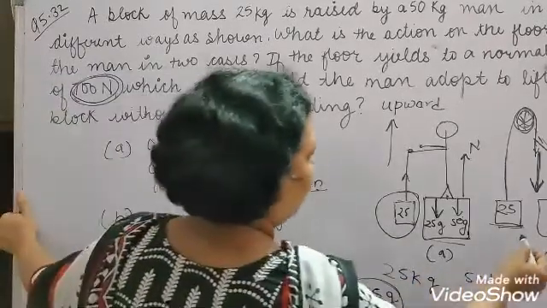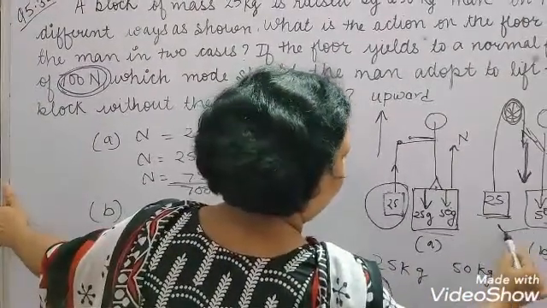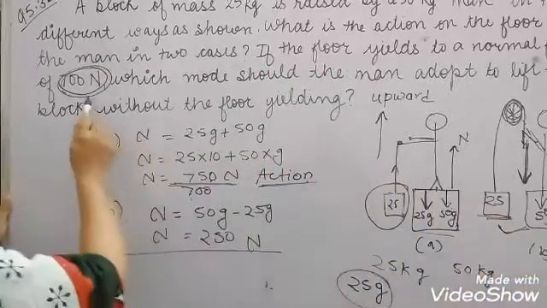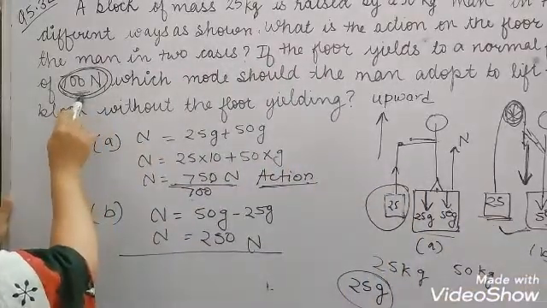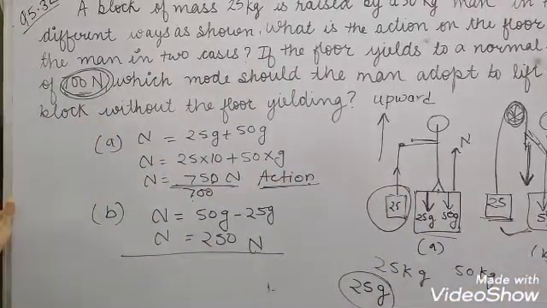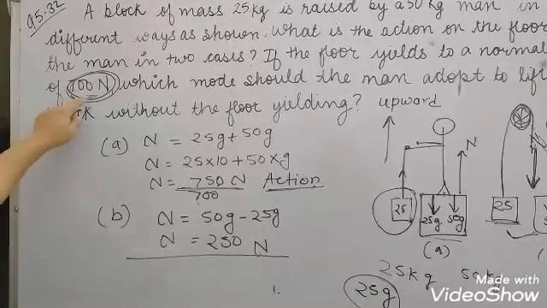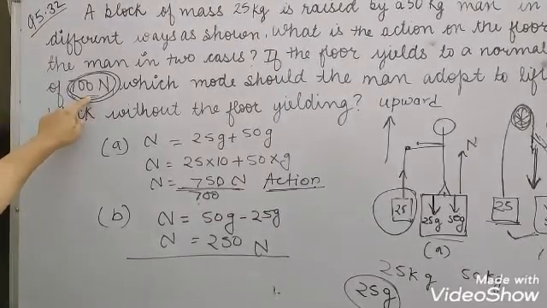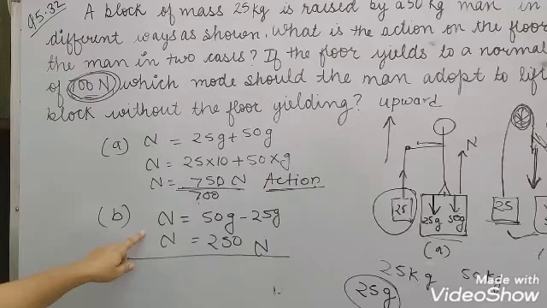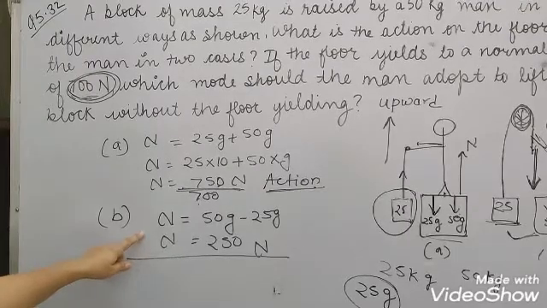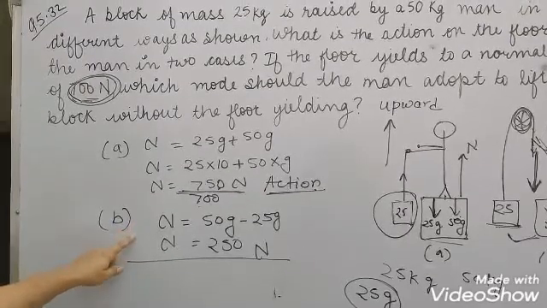The man has to adopt the second method, so that the action and reaction can be balanced, and the floor will not yield at 700 Newton. So the man has to adopt the second case.